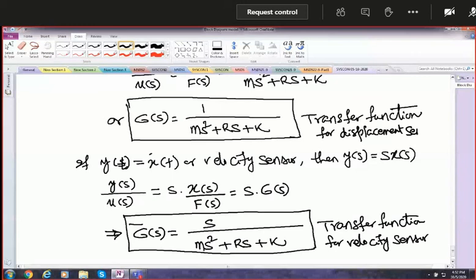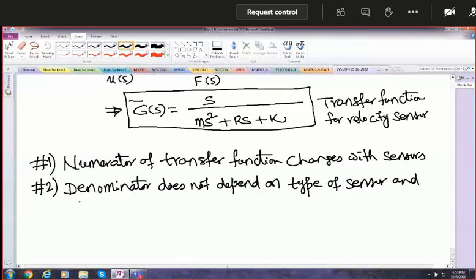Number 2, the denominator does not depend on the type of sensor and the input.